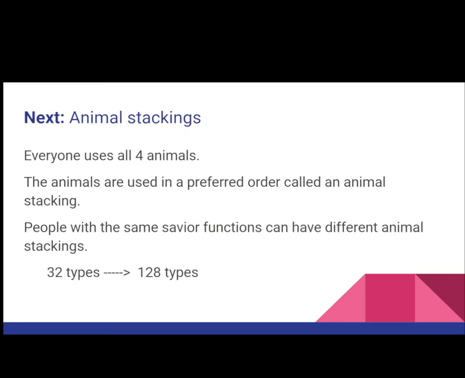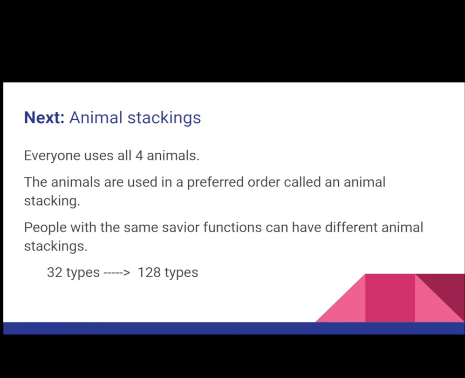All right, so the concept of animals is a little bit more complex than what we've talked about before. So I'm actually going to be doing a second video on animals where I'm going to be talking in detail about the animal stackings. So everyone uses all 4 animals, and these animals are used in a preferred order that's called the animal stacking.